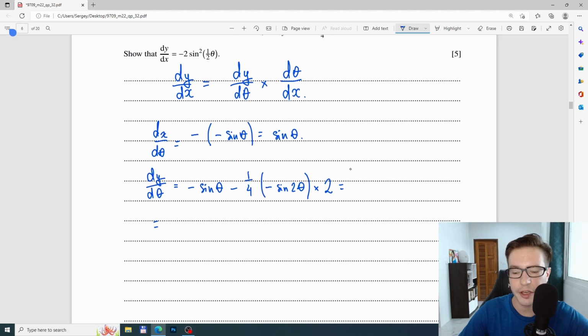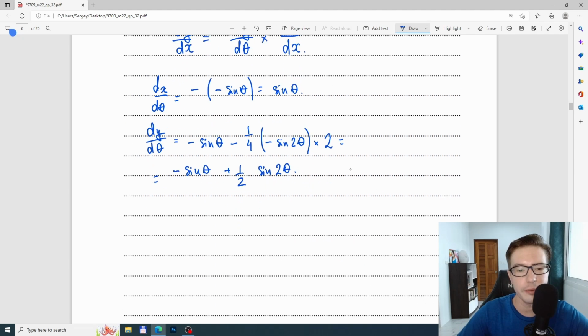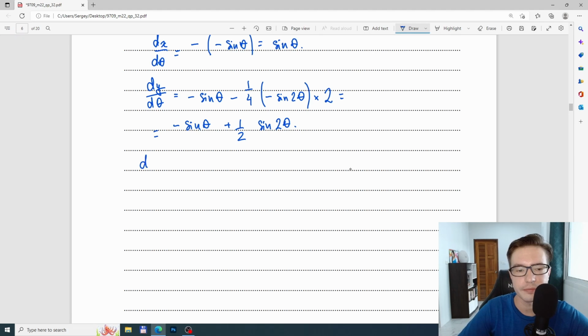Now let's simplify that, and we'll get minus sine theta plus 1 over 2 sine 2 theta. And now we're ready to find dy over dx. It's going to be minus sine theta plus a half sine 2 theta all over sine theta.